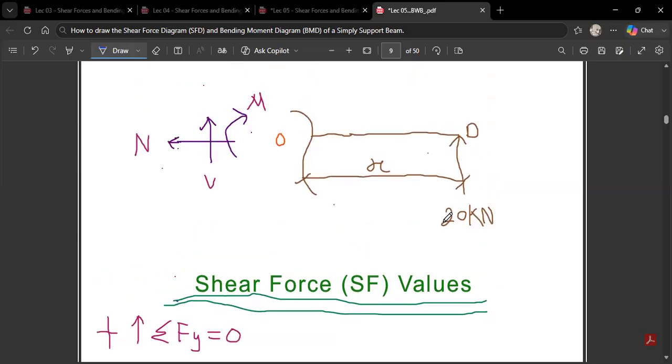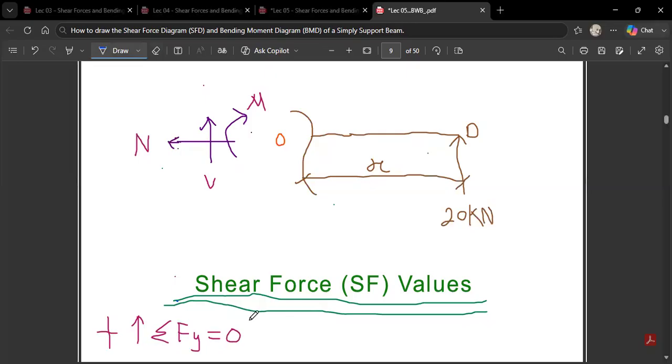This guy is moving upwards, this guy is moving upwards. So it's going to be what? Minus 20 minus V, or you can write V because V is moving upwards. It is positive, because V is moving upwards. So you come and write positive V plus positive 20 is equal to 0.